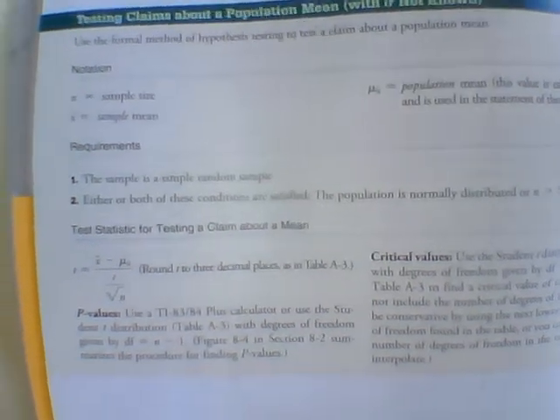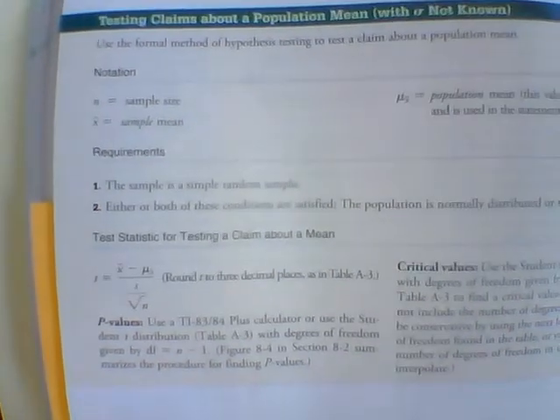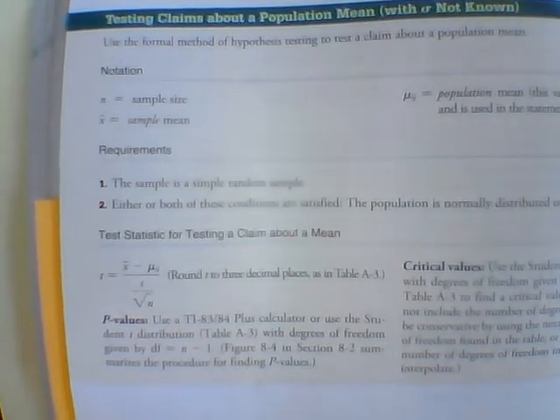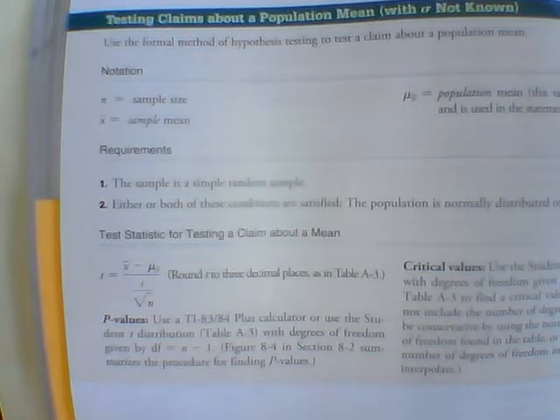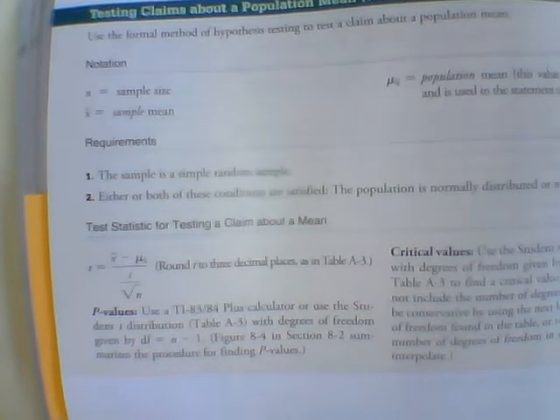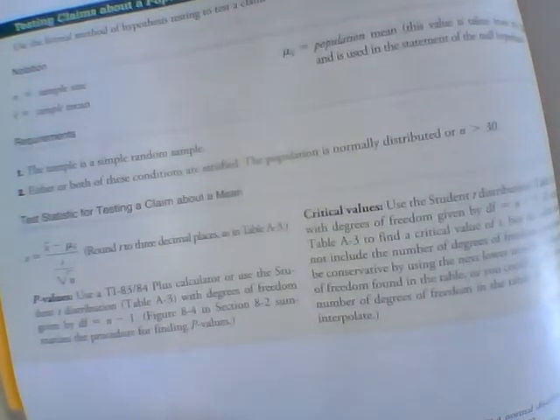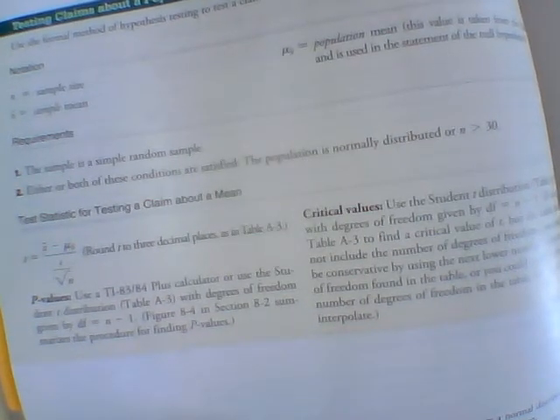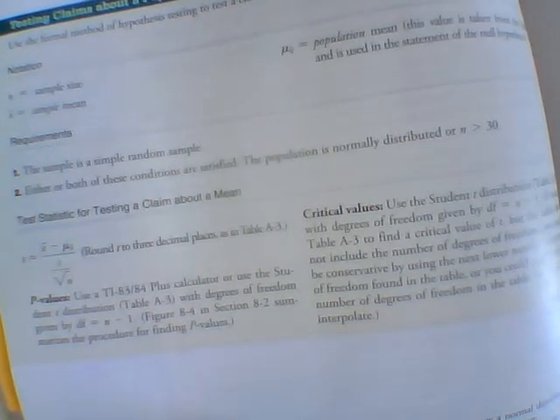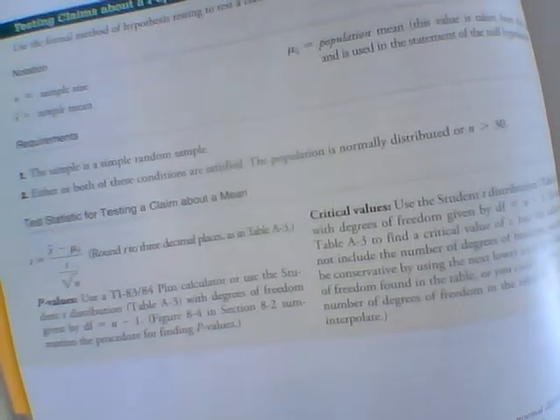Okay, so requirements. The sample is a simple random sample. Either or both of these conditions are satisfied: the population is normally distributed, or n is greater than 30. So once again, if we have n greater than 30, we do not have to worry about any normal distribution.